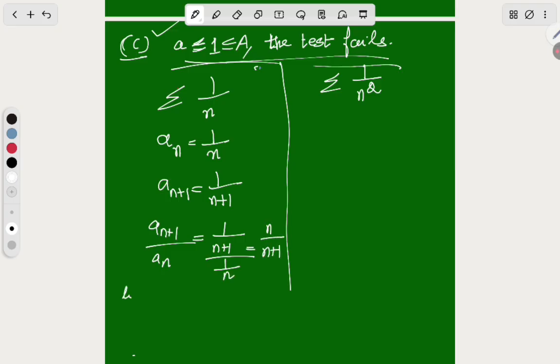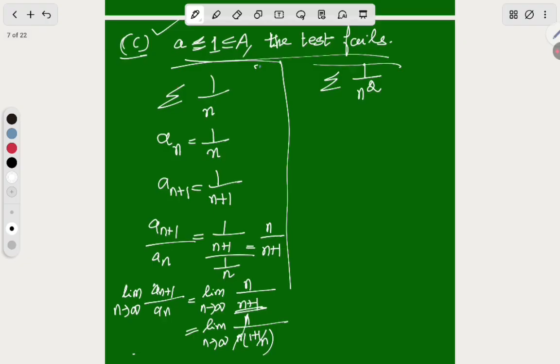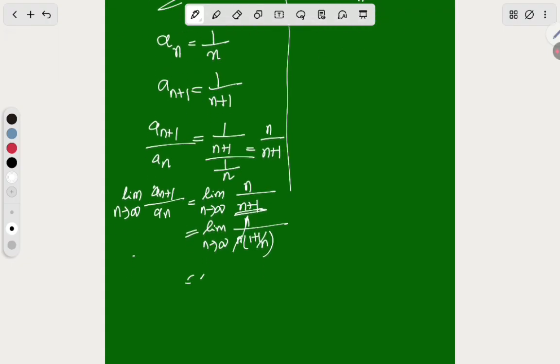So let us calculate the limit of the sequence. The limit of a_{n+1} by a_n is nothing but limit n tends to infinity n by n plus 1. When you apply the limit, you can take n outside from the denominator, so you get limit n tends to infinity 1 by 1 plus 1 by n.